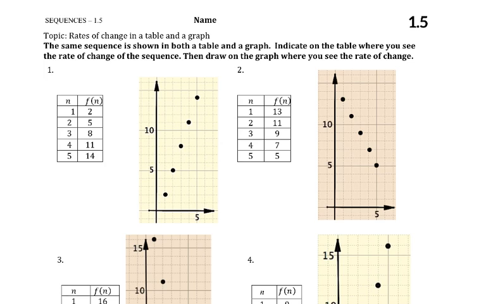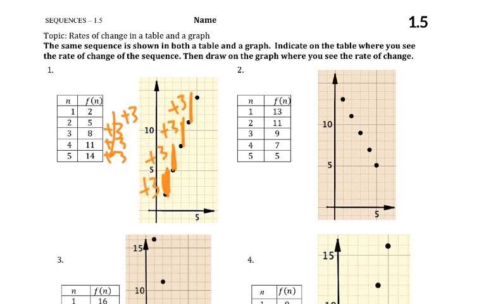If I'm looking at number 1, starting here at 2, as we go down, 2, 5, 8, we're adding 3 each time. So we see that growth, that rate of change, as we add 3. Where do we see it on the graph? From one point to the next, we're going up 3 and over 1, so we're going up 3 each time.